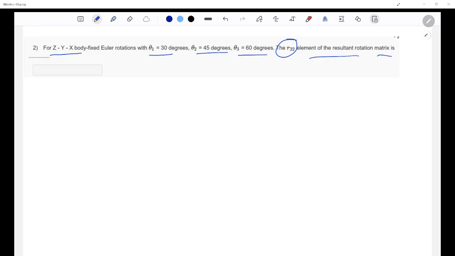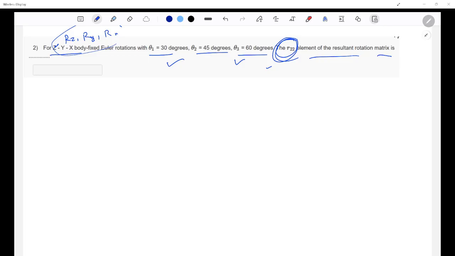So we are rotating first about the z axis, then about the y axis, and then about the x axis. These are the subsequent rotations we have about these angles. If all three rotations happen in this sequence, z, then y, then x, then what is the final rotation matrix and what is the R22 element of this matrix?